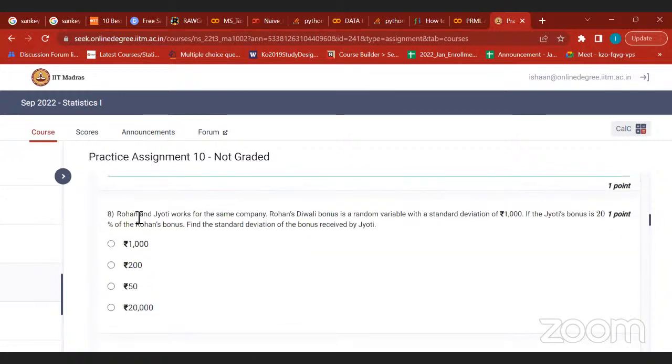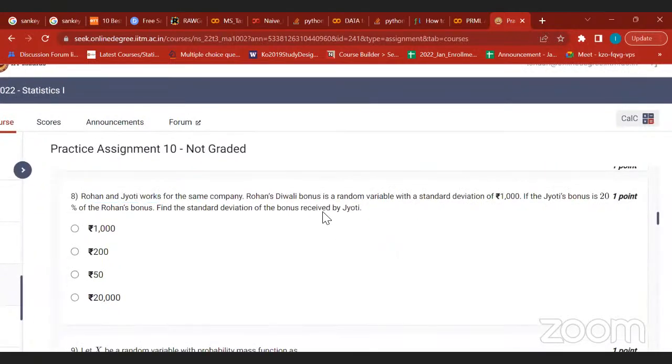This one. Okay, so you know that Rohan's Diwali bonus is a random variable with some standard deviation 1,000, right? Yes, sir. Okay, let's just write it down a bit.